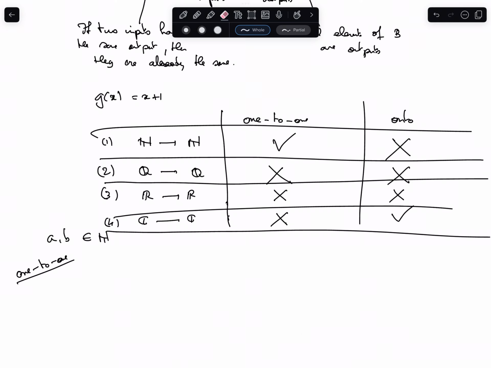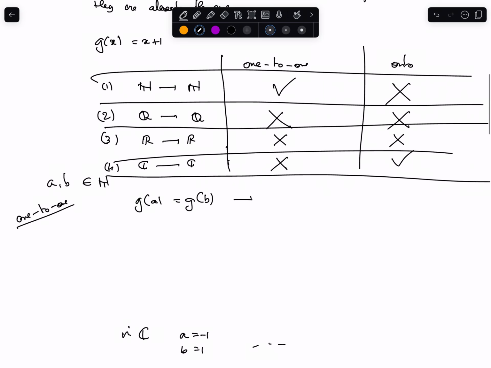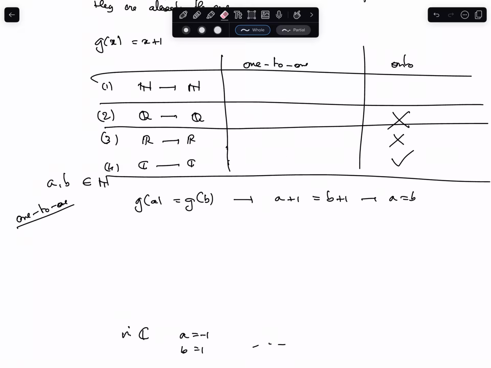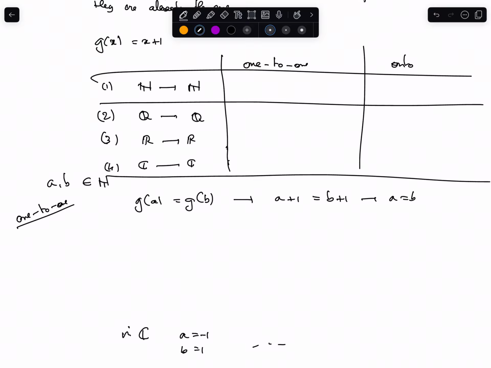Okay, so for one-to-one, again, the same thing. Suppose we have two inputs, a and b, and they give the same output. Well, let's solve that. That means that a plus 1, that's g of a, equals b plus 1. Oh, but now you see immediately that this means that a is b. So yes, this is injective. Sorry, one-to-one. Injective is another word, by the way, but in the book they say one-to-one, so I'll stick to that word.